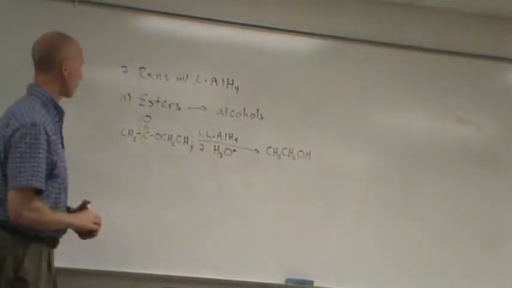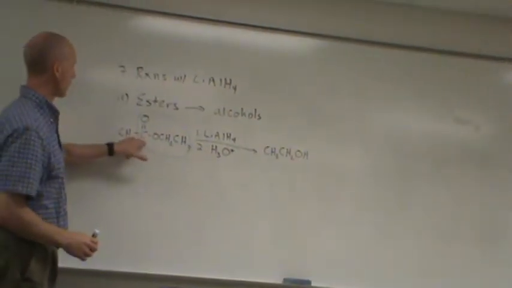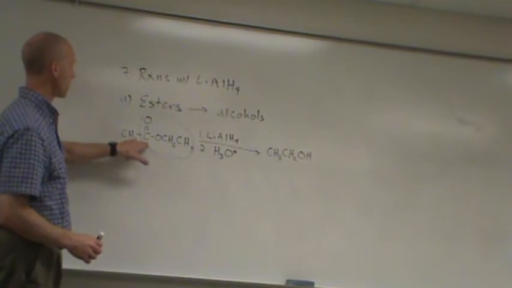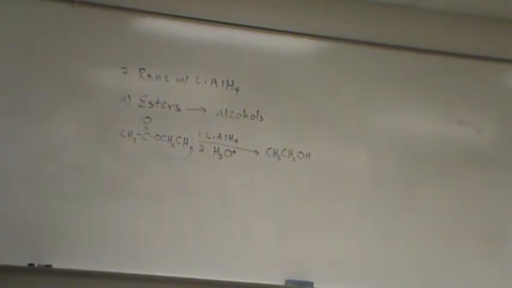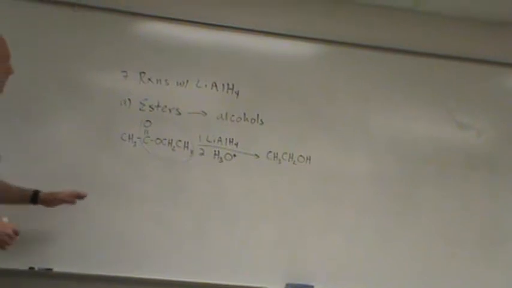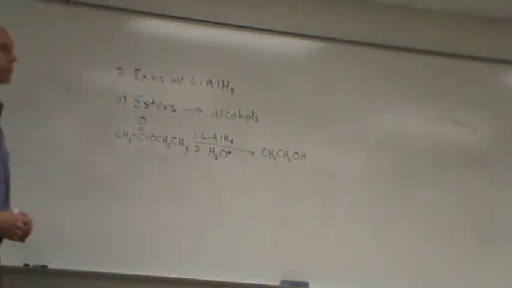So this whole thing leaves, and that gets converted to CH2OH. All right, so that's the first conversion. We'll look at some extra examples when we get done with these 4.